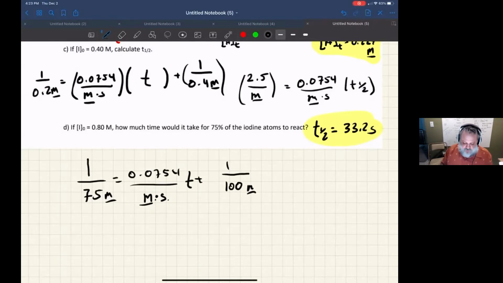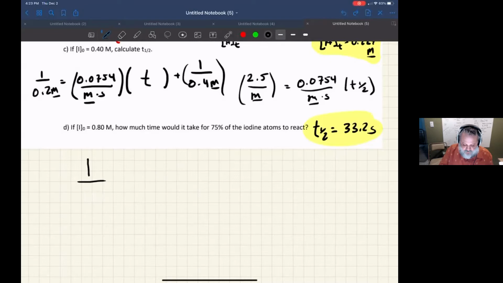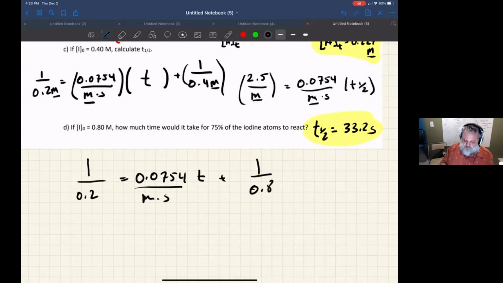And so I can set, oh, I'm sorry. It tells us what the concentration was. It was 75% of 0.8. That would have certainly worked. Or we could say 75% of 0.8 is 0.2. We get the same answer. And then I get the time for that is 49.7 seconds. And that's the answer there.